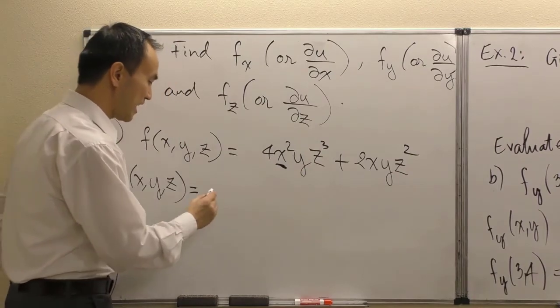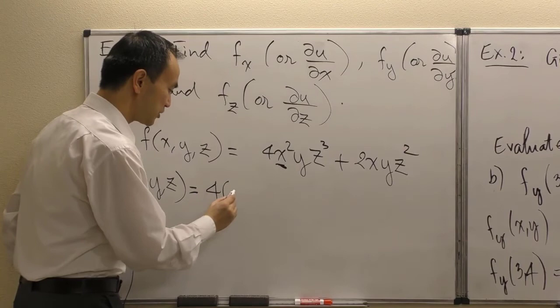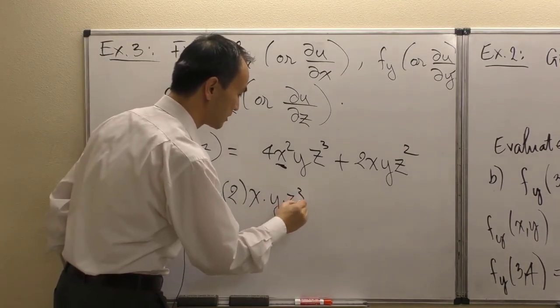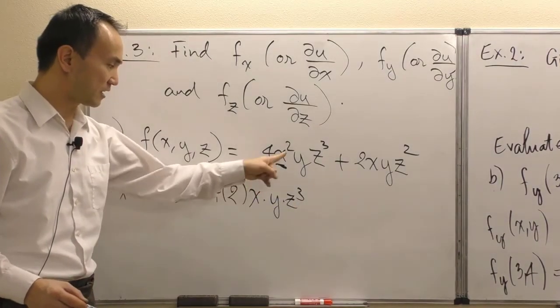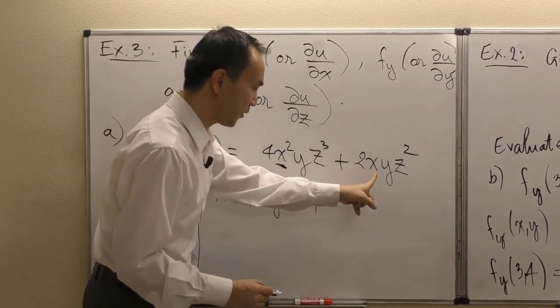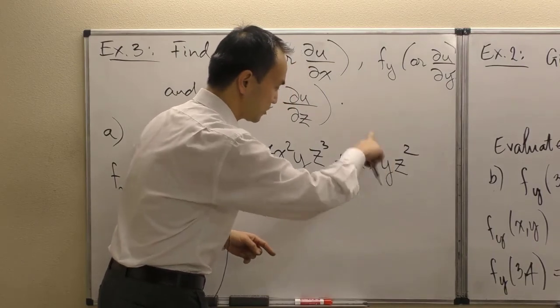So now I'm looking at 4 times 2x, times y times z cubed. That's how it's done for the first term, and see the power on the x is reduced by 1. Then I'm moving on to the next one right here. I'm focusing on the x, so the x here has power 1, so 1 is multiplied down.